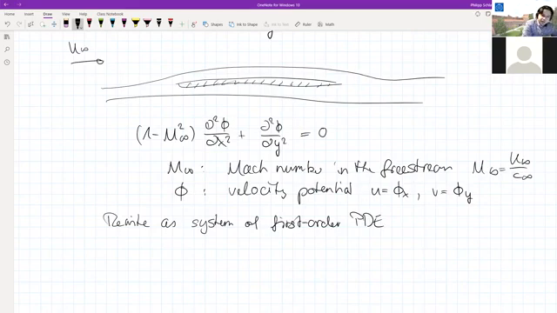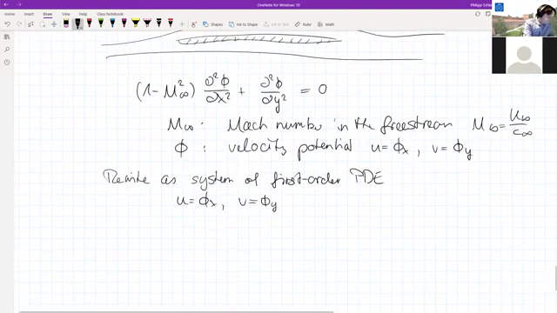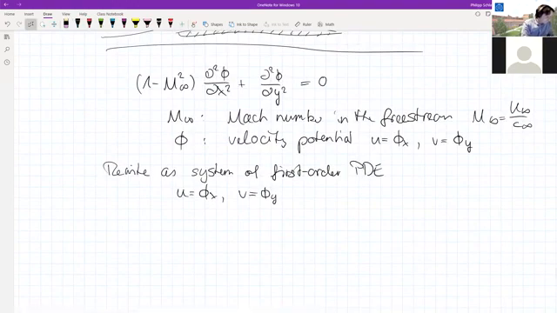And for that, of course, we directly use the definition of the velocity potential, namely that we have exactly this relation that u is the derivative in x and v is the derivative in y. Now just plug that into the equation, and then what I get is the following. I write it down and then we can briefly discuss it.